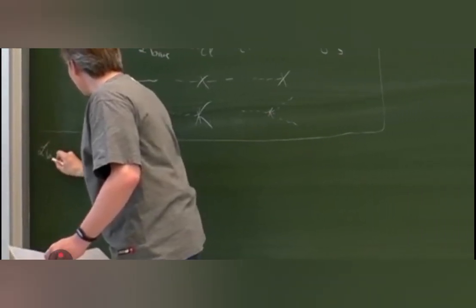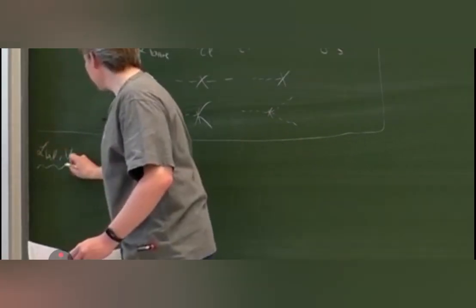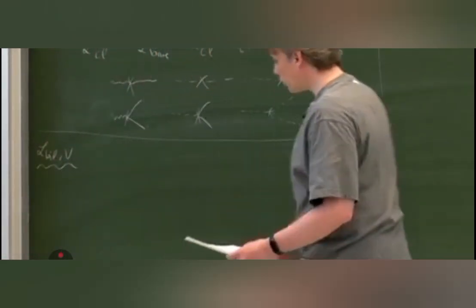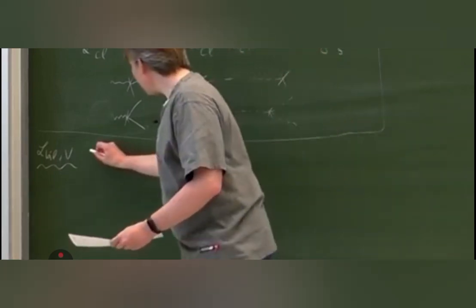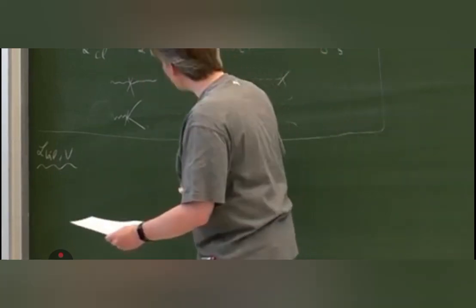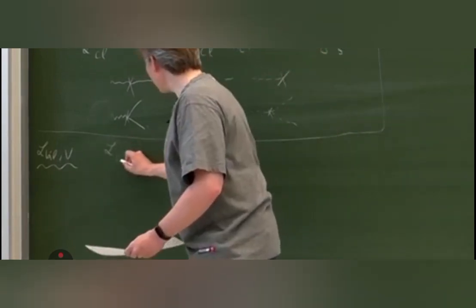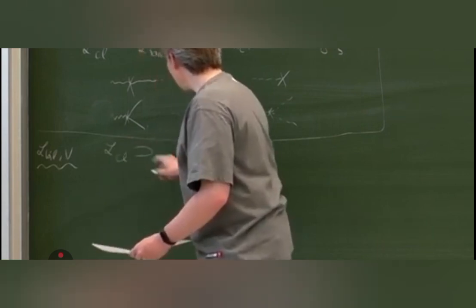So let us begin with the bilinear part of the vector boson self-energy. And so here the Lagrangian contains the following terms. We simply say the classical Lagrangian contains the following terms.